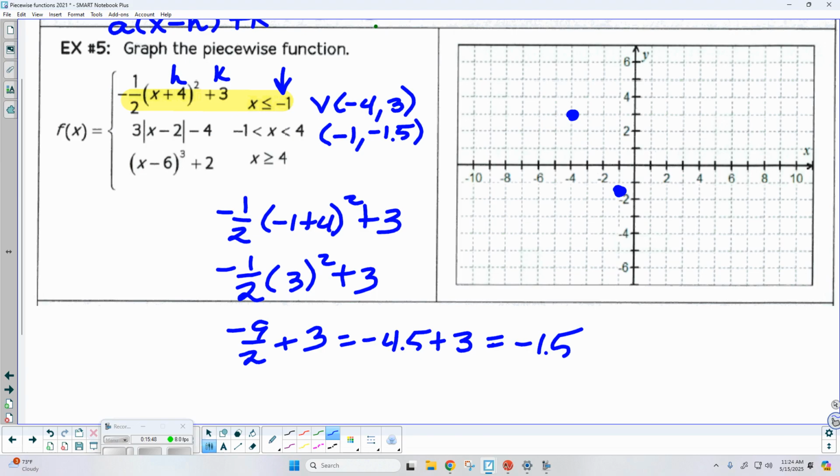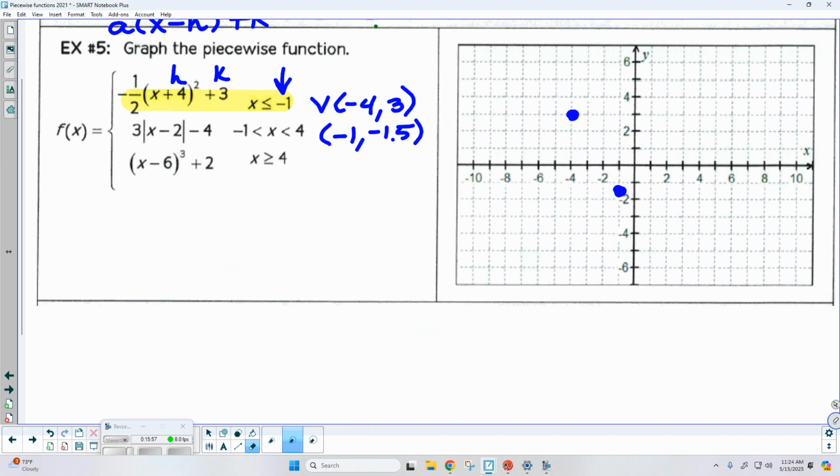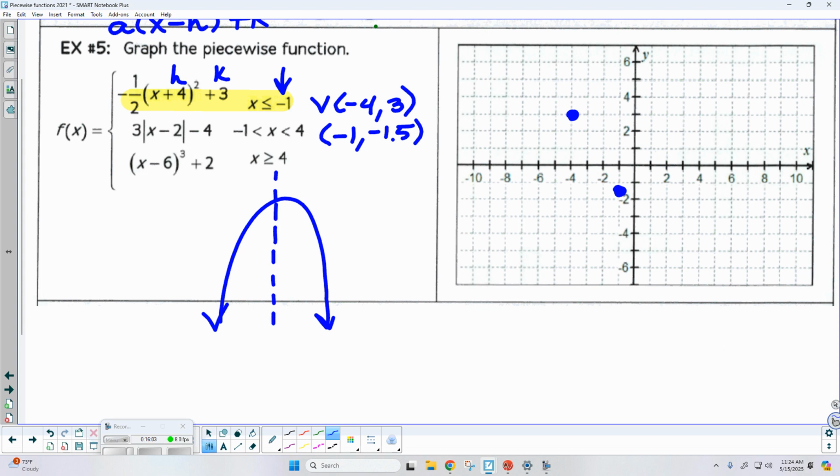Okay. Now, we could go ahead and plug in another point, work through it, but make it easy on yourself. Remember something about parabolas. Every parabola, no matter what direction it opens, what does it have going straight through the middle? Does anybody remember that? It's the blank of blank. Axis of symmetry. That means if I fold along the line, the two parts are going to come together perfectly.